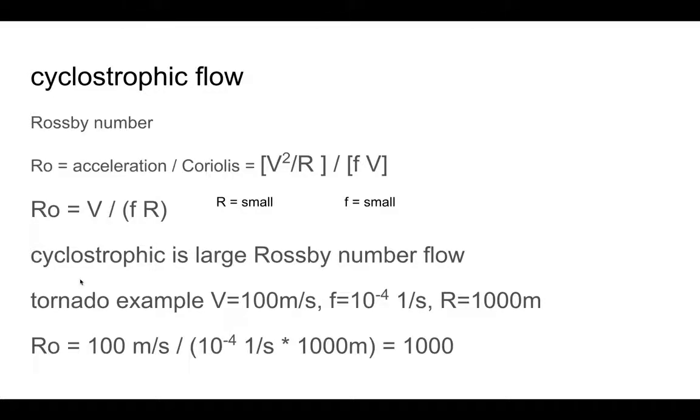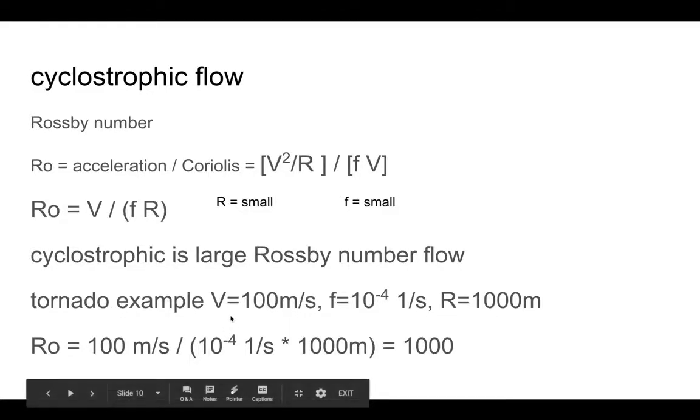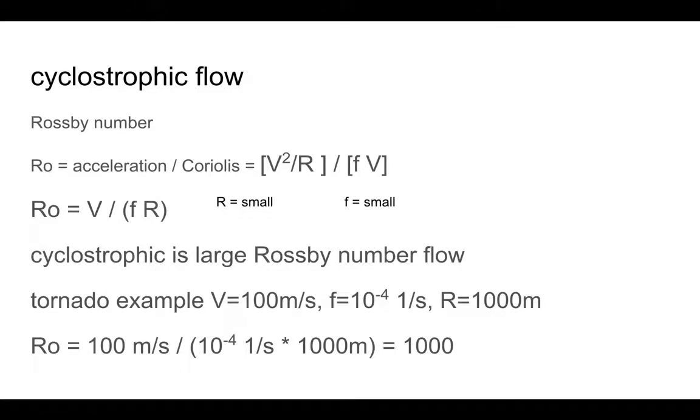And tornadic flow is a good example. It's usually what we use to demonstrate this particular balance. So if we look at the tornado example, rounding all these things off to the nearest power of 10, the wind speed of 100 meters per second is not out of the question.